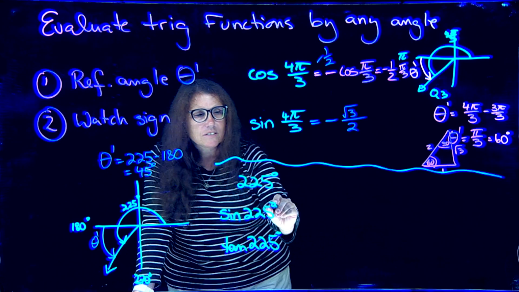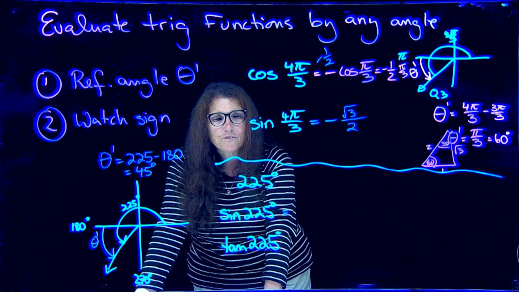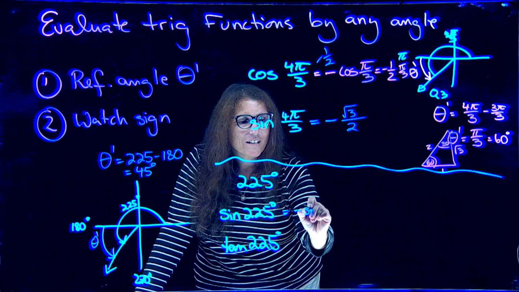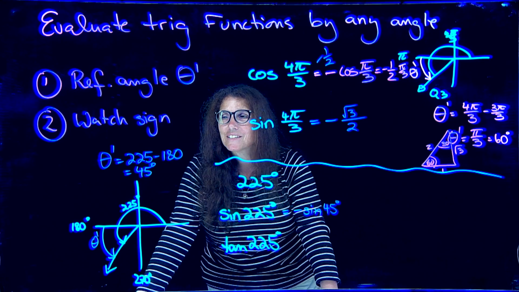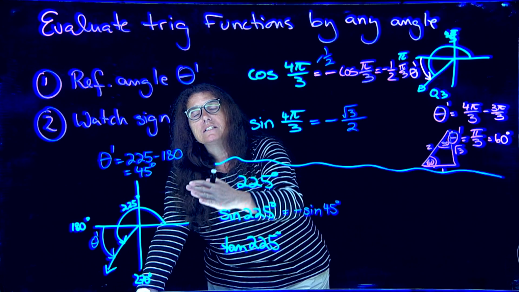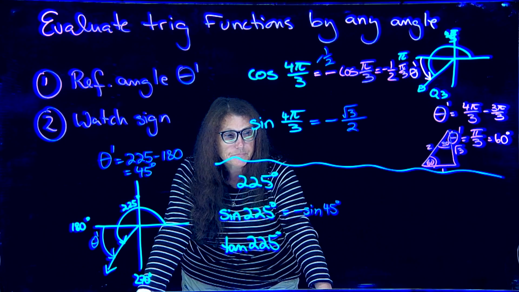So that means I could also write the sine of 225 as, in quadrant 3, the negative sine of 45 degrees. We're basically always looking at the reference angle that is between 0 and 90 degrees.